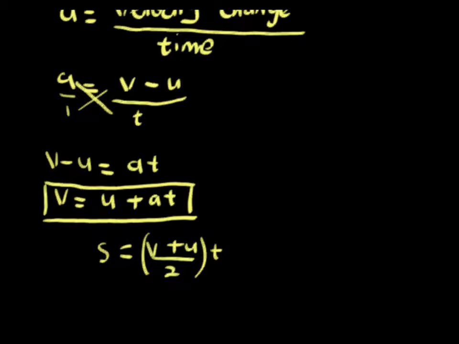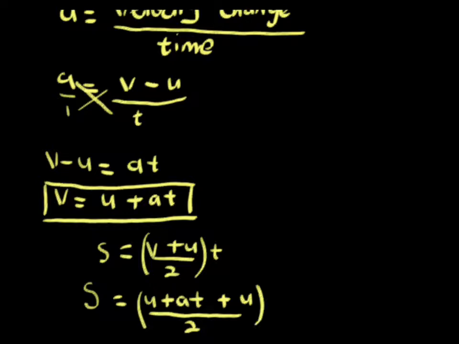We'll substitute v for u plus at. So s would be equal to u plus at plus u, we're substituting v for u plus at, divided by 2, all multiplied by t.